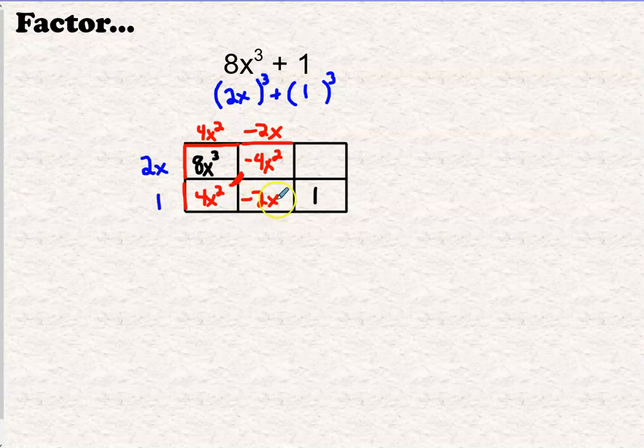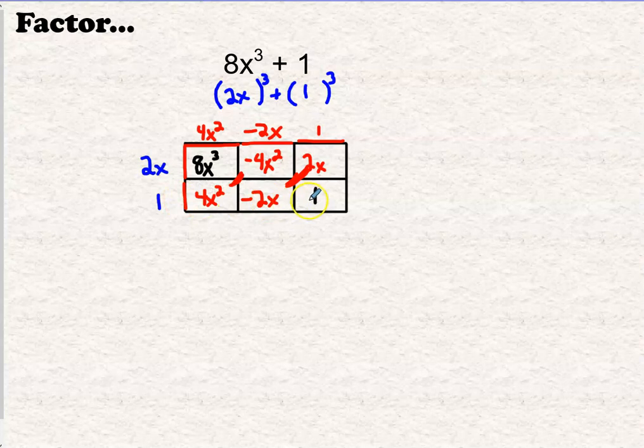So how do I get rid of a negative 2x? Well, up in this box, I have to put a positive 2x. That lets me zero out that negative 2x I had down here. Now, if this box is 2x and this length is 2x, then clearly this length right here would have to be a 1. And the last box provides our check.